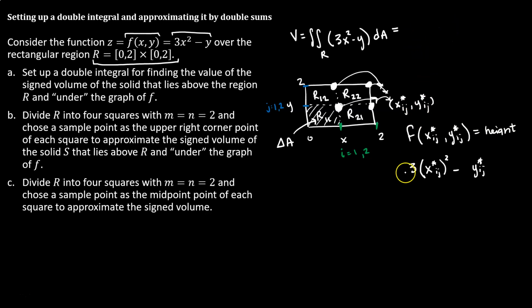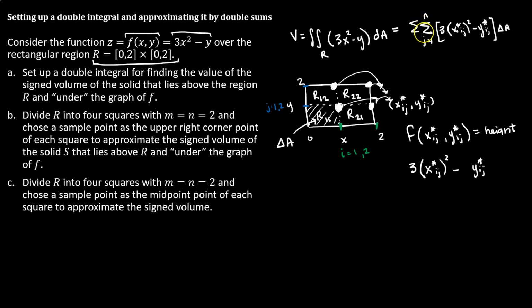So to calculate the volume, we're going to use that function evaluated at the special point multiplied by that area partition that we found from our region. And these are going to sum over all of the i's and j's, so we're going to need two sums, one to tell us where to go over the j values, and let's just say j can go all the way up to n.